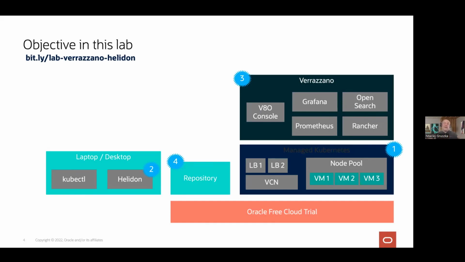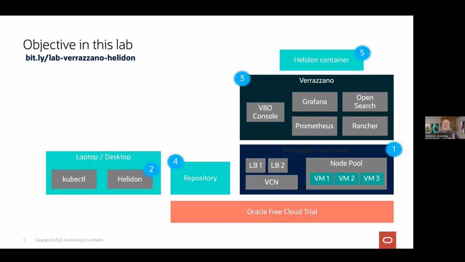We will create a Docker image with our application, and we will create a proper entry in OCIR, Oracle Cloud OCI repository for Docker images. We will push our image into the OCIR. So the lab 4 is about pushing the image into the repository. When it is done, we will create as a Verrazano deployment a Helidon container.